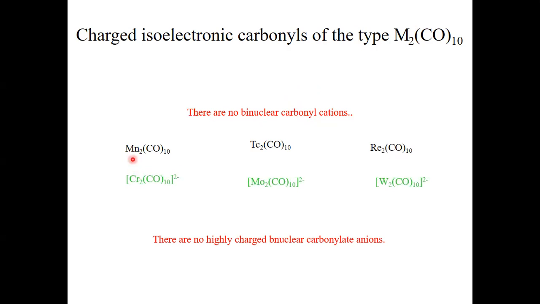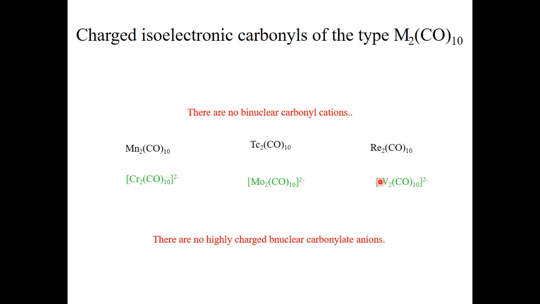So if we go from the manganese to the chromium, we have each chromium having 1 electron less than the manganese. So when we have 2 metals, we have 2 charges to consider. And therefore, the respective anion has a 2 negative charge.